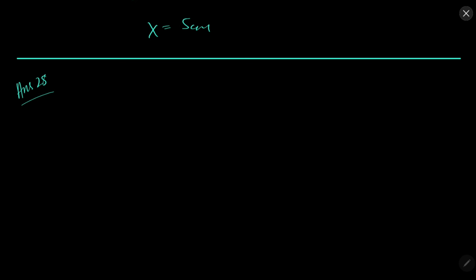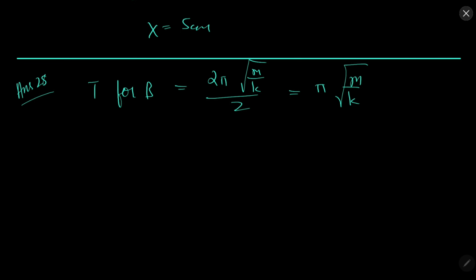Solution 28. So in this, time period for B will be 2 pi root m by k over 2, that is pi root m by k. It will be half of the oscillation. Time period for B will be half of the oscillation.